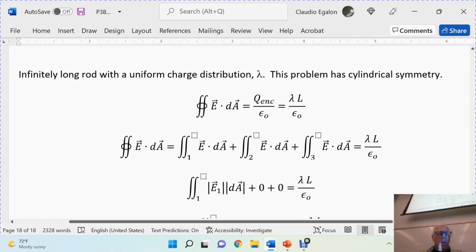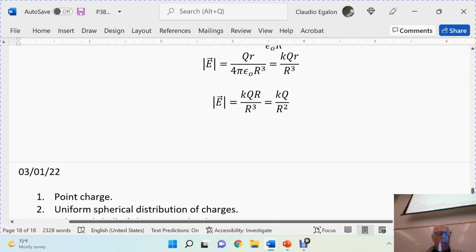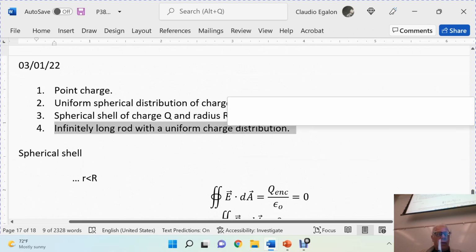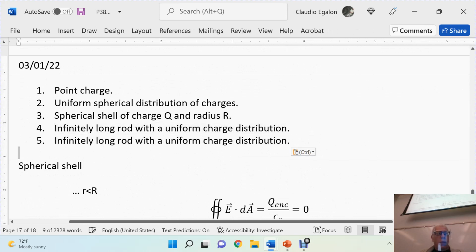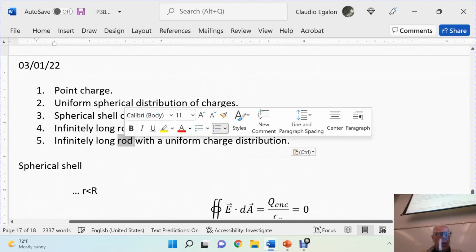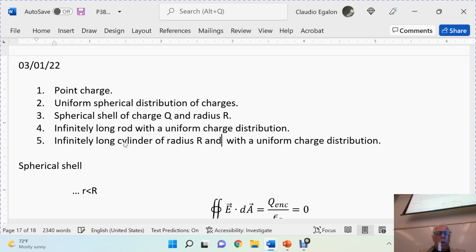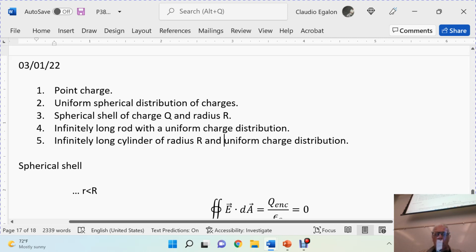So here you go. Infinitely long cylinder with uniform charge distribution. Cylinder of radius r and uniform charge distribution rho.